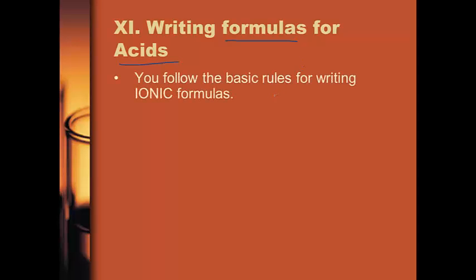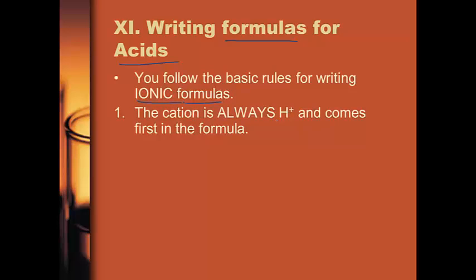Now, writing formulas for acids. This is the important part because you'll be given names. You need to be able to write out formulas. Follow these rules, the basic rules for writing ionic compounds. The cation is always going to be the H+.